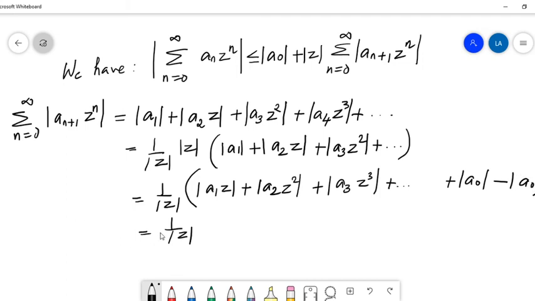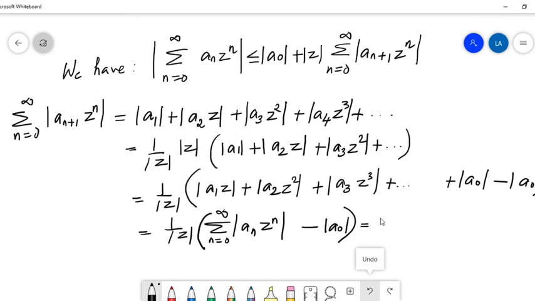So we can write this as summation n equal to 0 to infinity modulus of a_n into z raised to n, minus modulus of a_0.